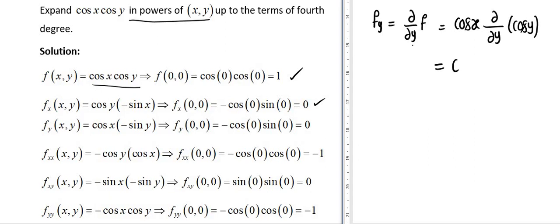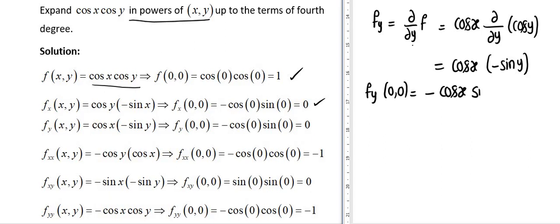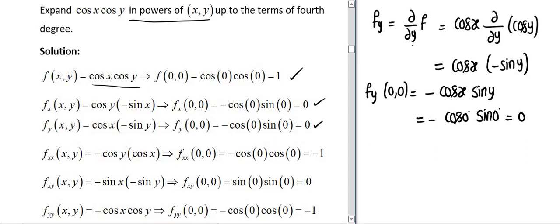So cos x into the differentiation of cos y, which is minus sin y. So fy at 0, 0 is 0 because sin 0 is 0. Observe these steps. 0 into anything is 0. That's why fy is also 0.